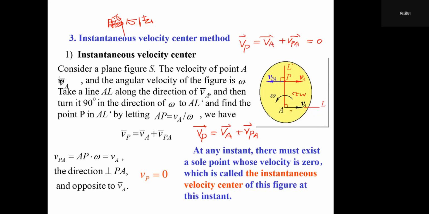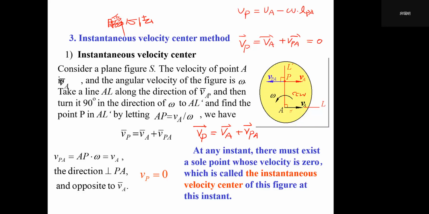Because we always have this vector equation. When we talk about the magnitude of VP, we do not draw this arrow again, we just talk about its magnitude. So we will always have VA minus VPA, which should equal omega times LPA.